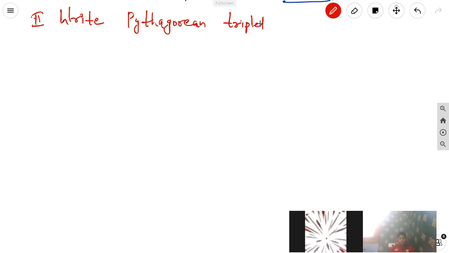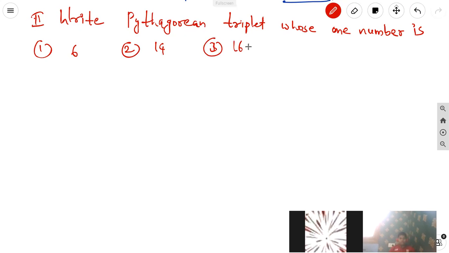Write a Pythagorean triplet whose one number is, the first one is 6, second one is 14, third one is 16.